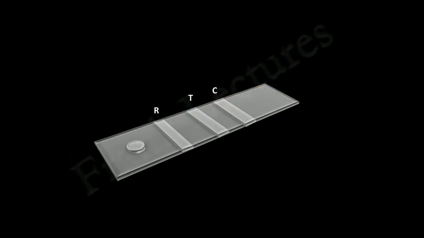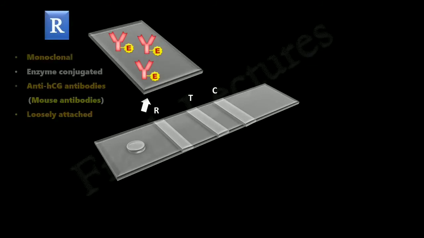This is a pregnancy strip having 3 zones of function. Recall that the reaction zone is made up of monoclonal, enzyme-conjugated, anti-HCG antibodies. These antibodies are also known as mouse antibodies, and they are loosely attached to the strip.